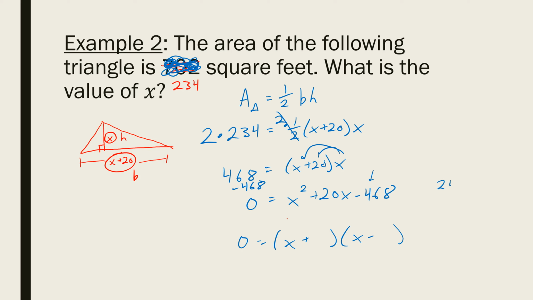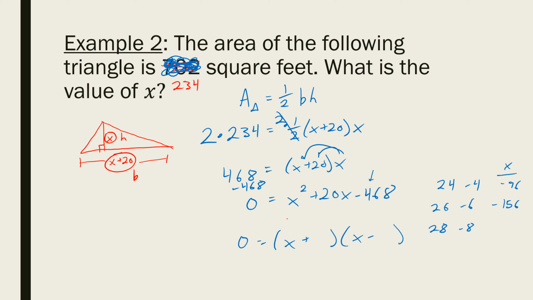Let's try 24 and negative 4 and see what this multiplies to. So 24 times negative 4 multiplies to negative 96. This is not big enough. So let's try 26 and negative 6. This is negative 156. This is also not big enough. Let's try 28 and negative 8. 28 times negative 8.